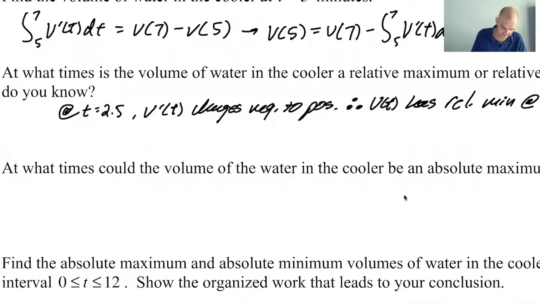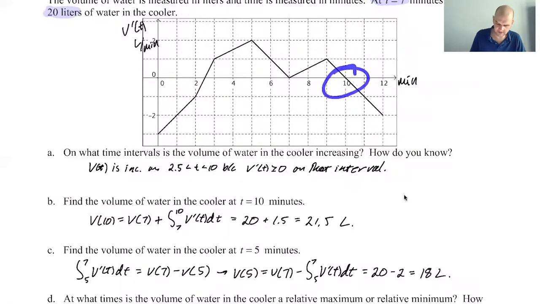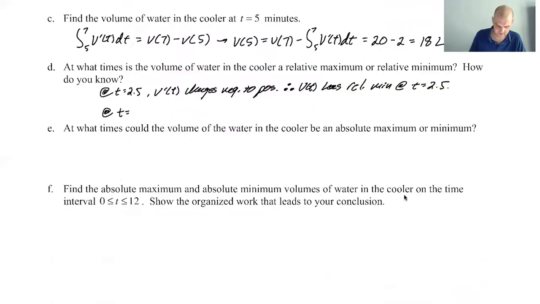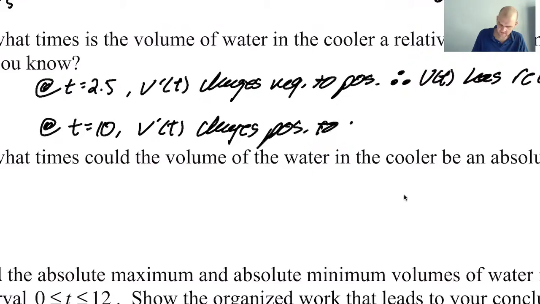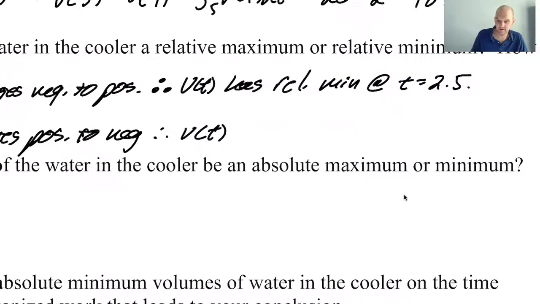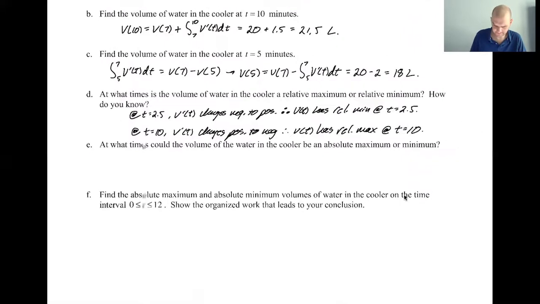And then the other one, I think it was 10, but I'm not sure. Yeah, at t equals 10, v prime of t changes from positive to negative. Therefore, v of t has a relative max at t equals 10.